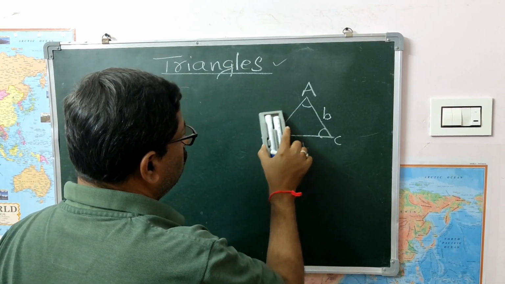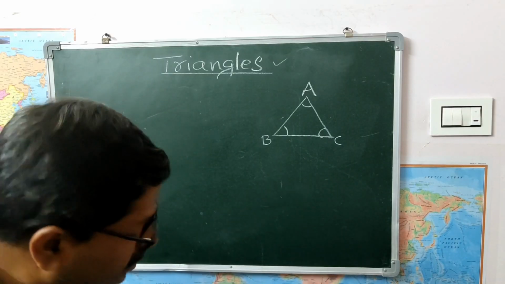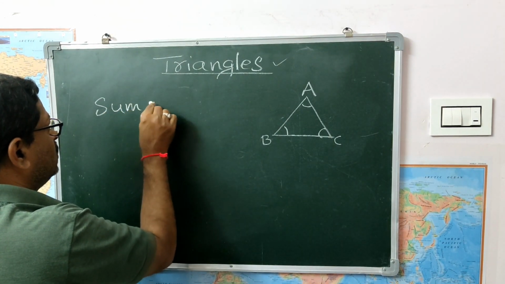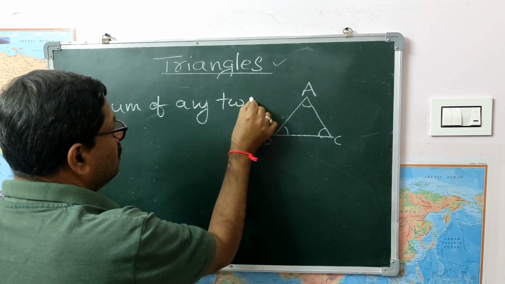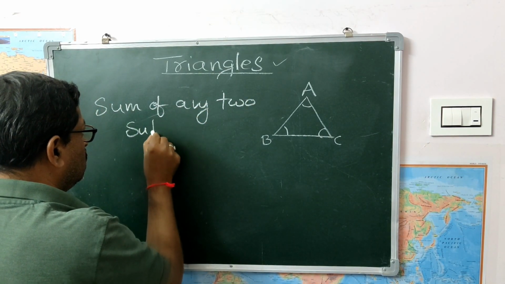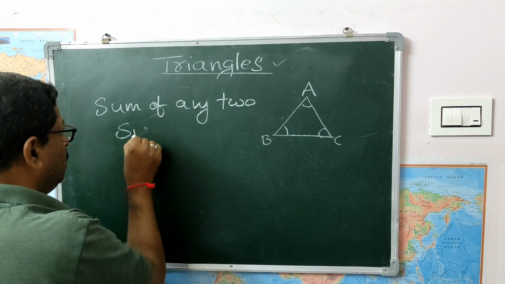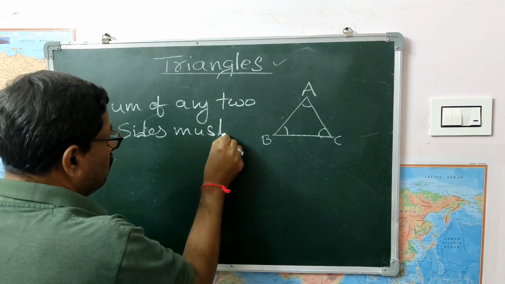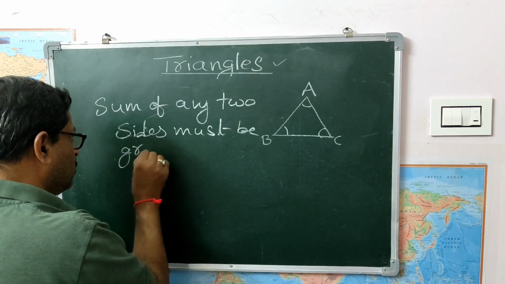If you want the three sides to form a triangle, the basic necessity is the sum of any two sides must be greater than the third side.